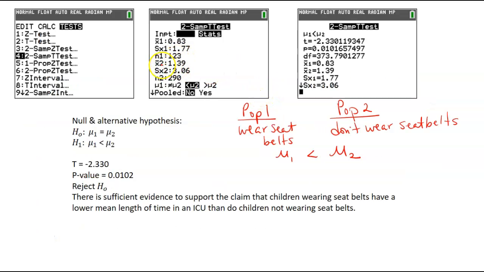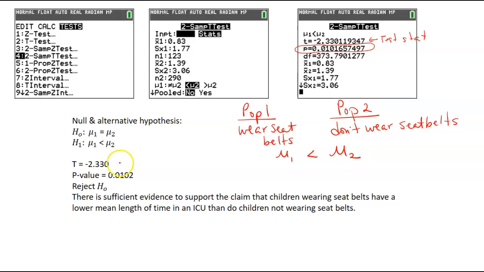Okay, and then you can go through and enter the statistics for the second population. Choose the left tail, so the less than case, and then enter. And so here we see our test statistic, and we also see our p-value here.